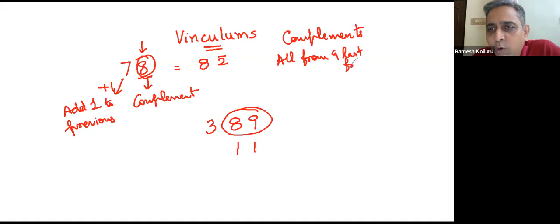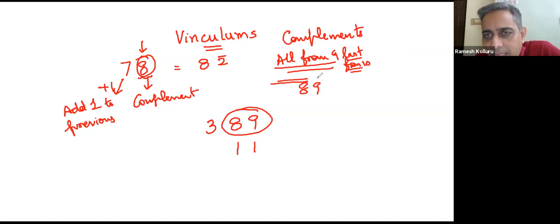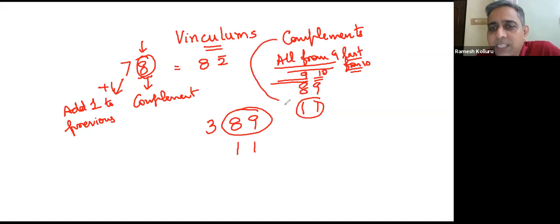That means all the digits other than the last digit are subtracted from 9, and the last digit is subtracted from 10. So for 89, 8 plus 1 is 9, 9 plus 1 is 10. That's how I get the complement of this number.